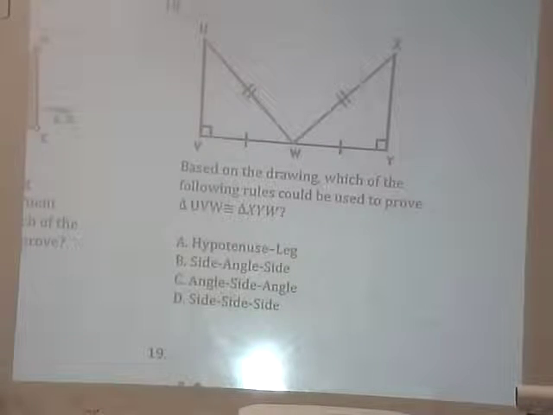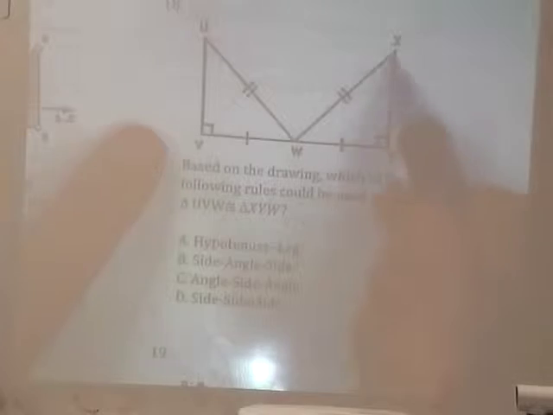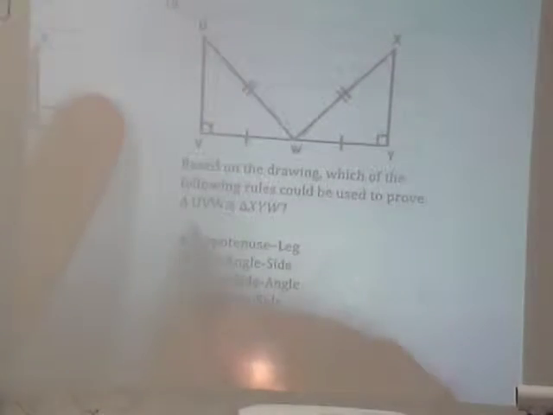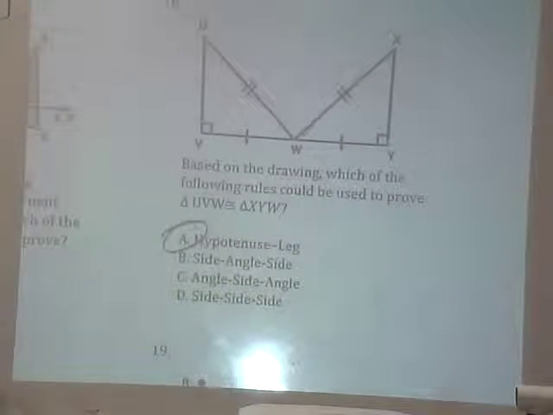Hypotenuse leg. We got right triangles, right? So that's the hypotenuse, right? Congruent to this hypotenuse over here. And then this is one of the legs congruent to the other leg. So A, hypotenuse leg. Don't forget that if you see that little right angle, and you're trying to prove triangles, look for the hypotenuse leg.